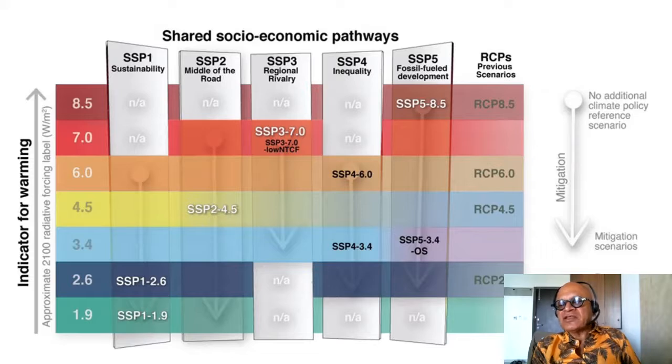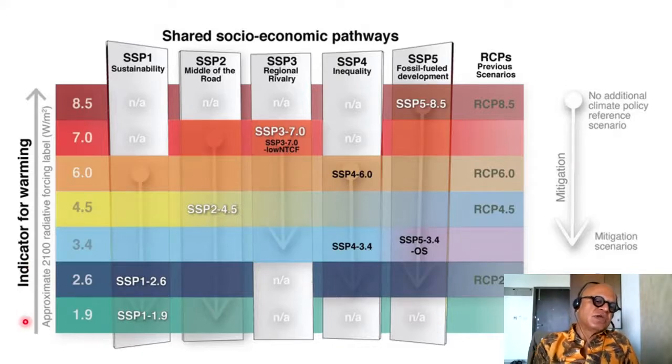So five main SSP scenarios are investigated in Working Group 1 under the IPCC. SSP X-Y are the additional SSP scenarios, and RCP-Ys are the CMIP5 scenarios. So indicators of warming, approximate radiative forcing at year 2100 in watts per meter squared, go from 1.9 to 8.5.